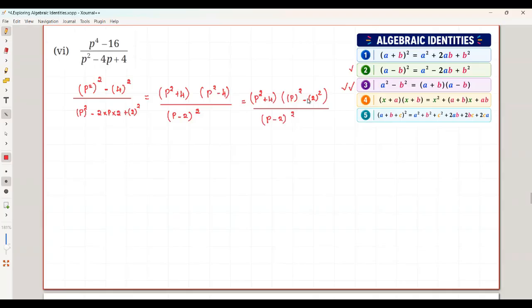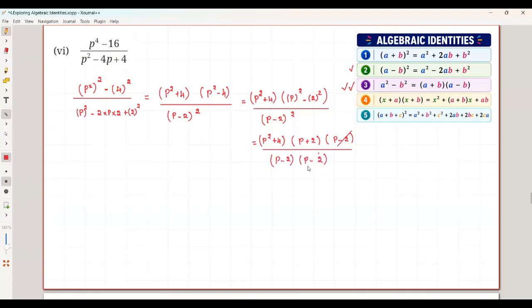Now for this alone again you apply the formula. So here we'll be getting p square plus 4 into, now this is in the form of a square minus b square, (p plus 2)(p minus 2), just divided by p minus 2 the whole square, which means 2 times we can write (p minus 2)(p minus 2).